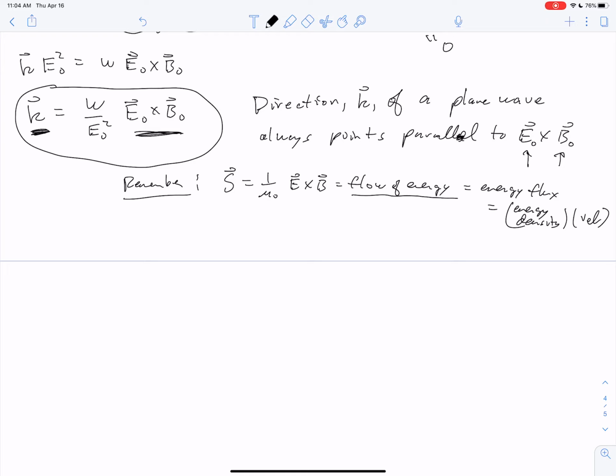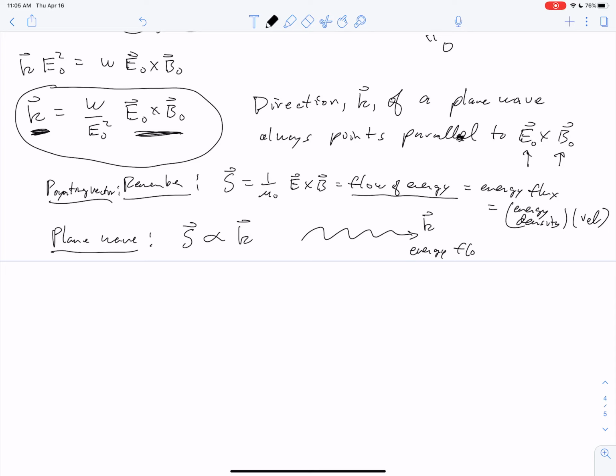And you can see now that for a plane wave, S, the pointing vector, should have said S is the pointing vector, I'm sorry, we see that S is proportional to K. And that just makes sense, because if I have some plane wave traveling in some direction K, then the energy flows in the direction of the plane wave.